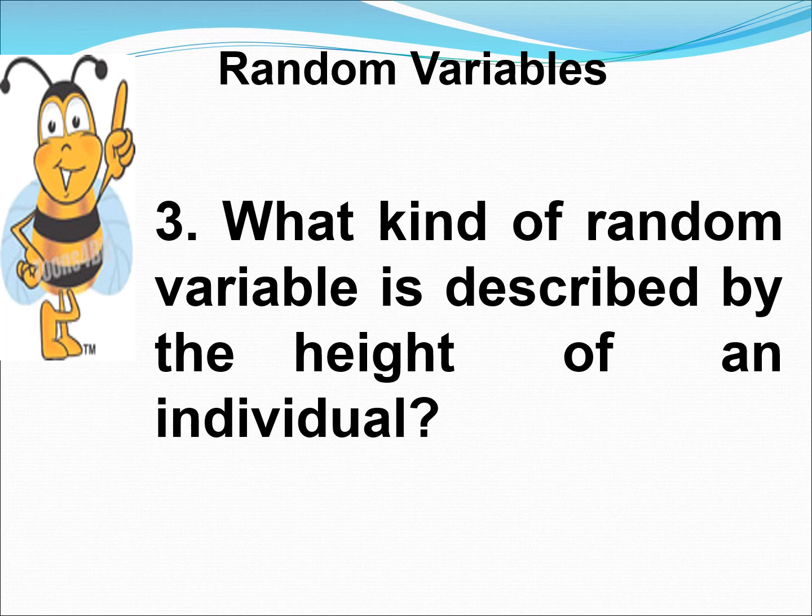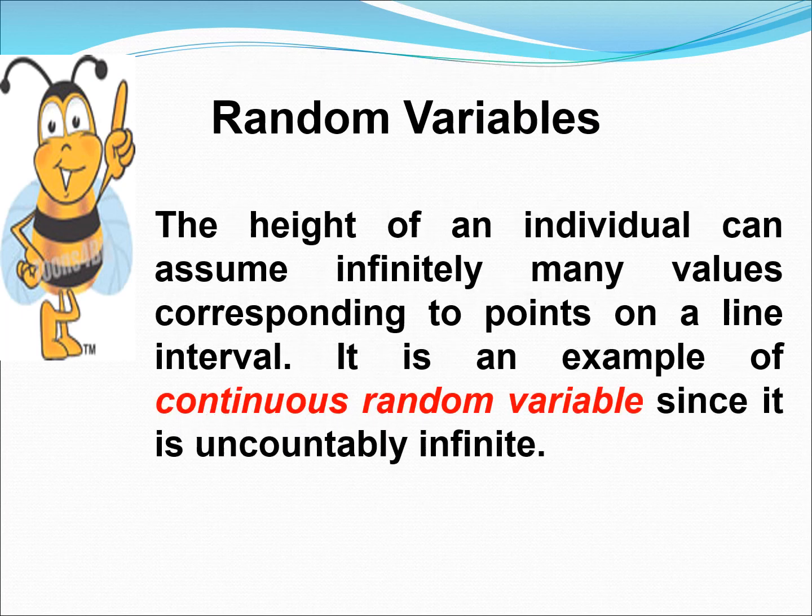Next, what kind of random variable is described by the height of an individual? Height is a continuous random variable because it is on a continuous scale. The height of an individual can assume infinitely many values corresponding to points on a line interval.